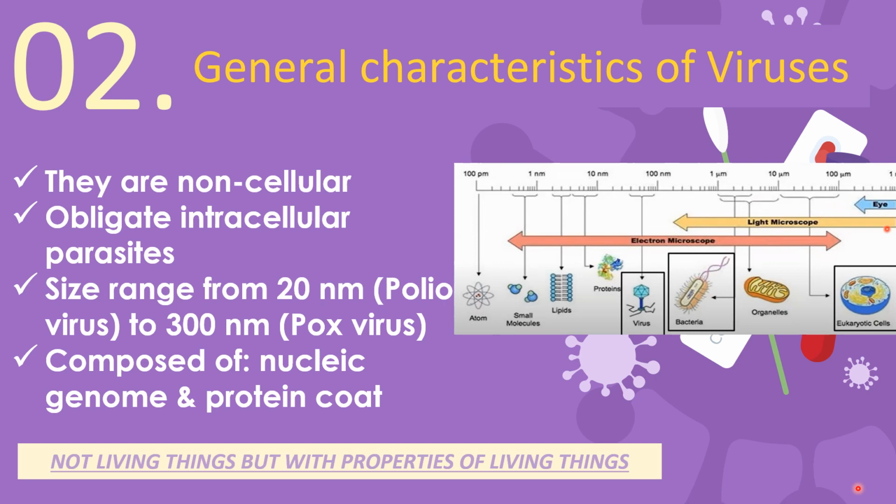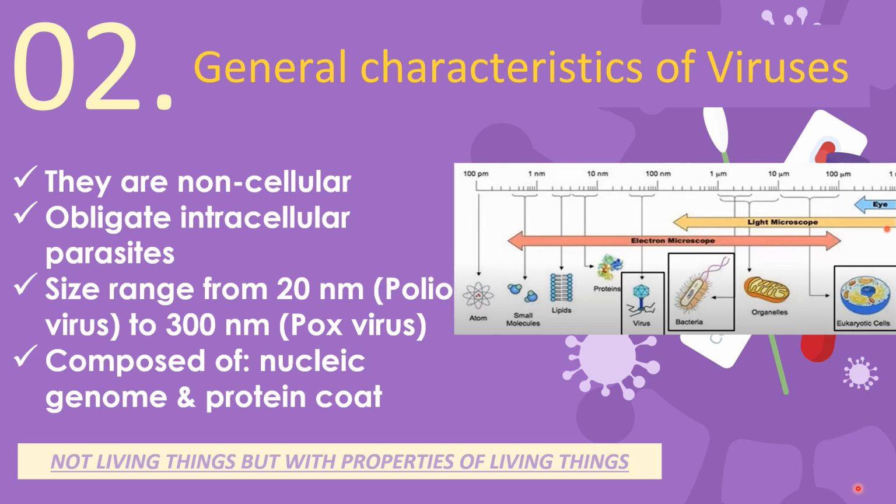Since they do not have cellular properties, a nucleic genome and a protein coat serve as their basic composition. So, the nucleic genome consists of only one nucleic acid that can either be RNA only or DNA only, depending on the species. And the capsid is a protein coat.